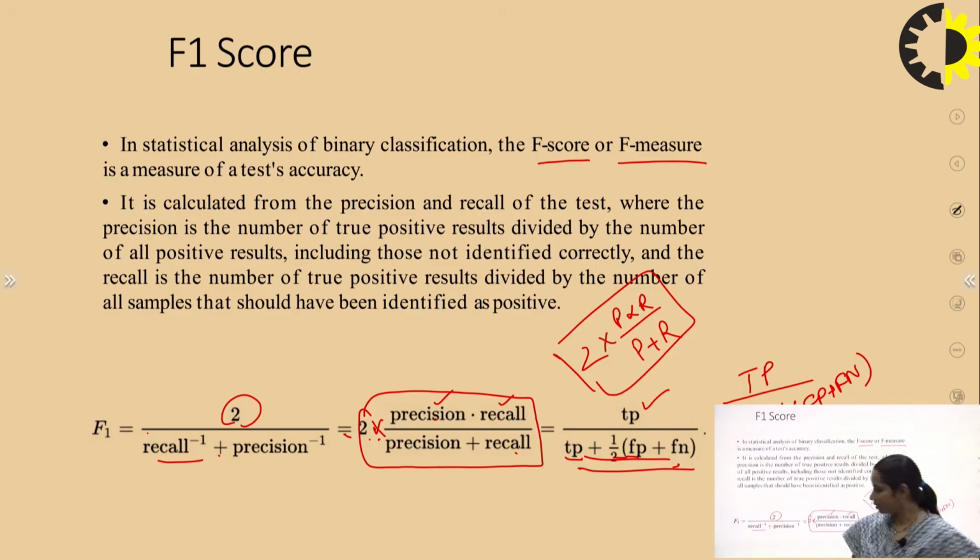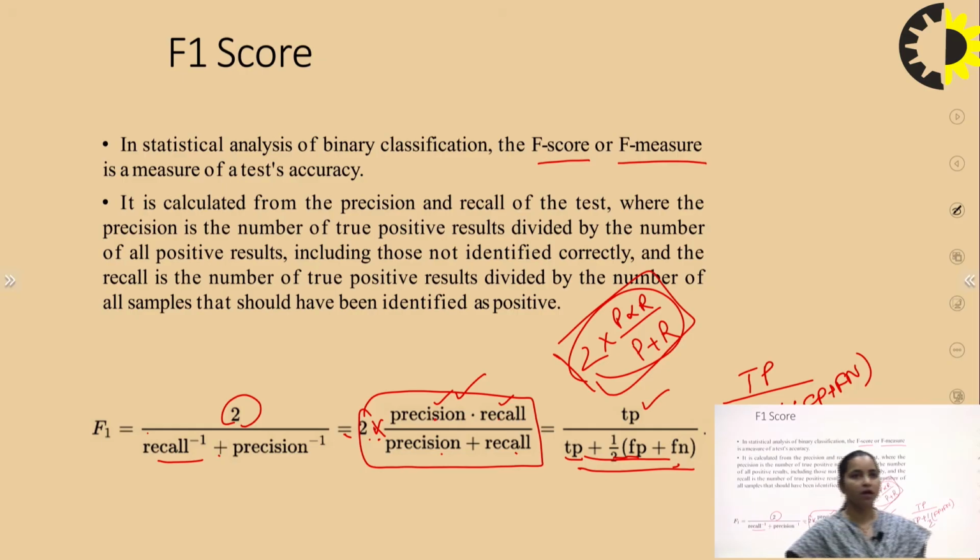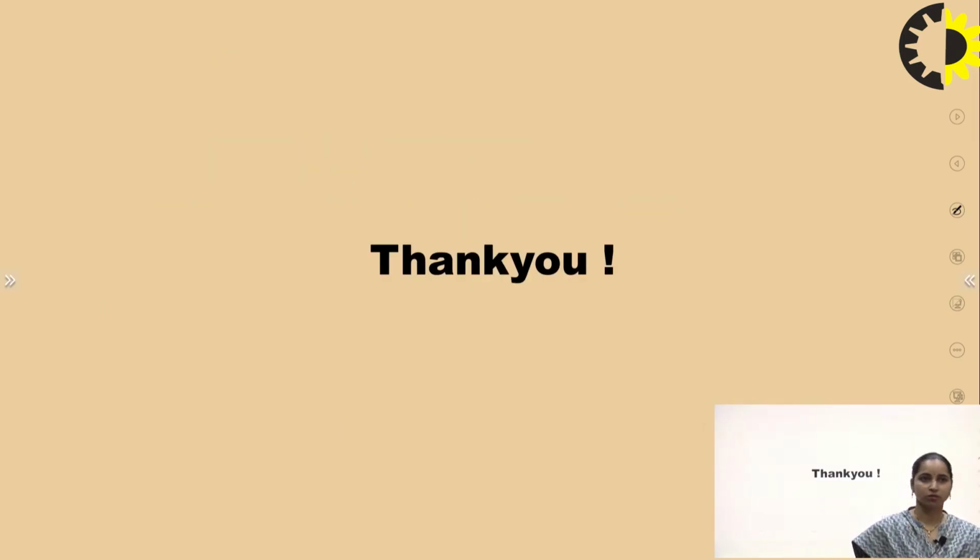So we can use this equation that is handy and easy to calculate. It is calculated from the precision and recall of the test, where the precision is the number of true positive results divided by the number of all positive results, including those not identified correctly, and the recall is the number of true positive results divided by the number of all samples that should have been identified as positive.